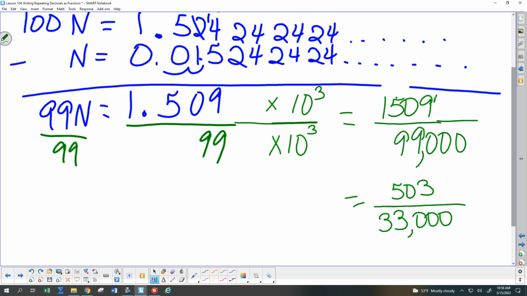I don't know if I can simplify that any further or not. Maybe it's divisible by, I don't know, 13 or 11 or something like that. So what's the easier way with the calculator to help you decide if you can reduce it anymore or not, Baylor? Type either one of these in on the calculator, just like that. Don't put a decimal in it, and see if the calculator reduces it any further.